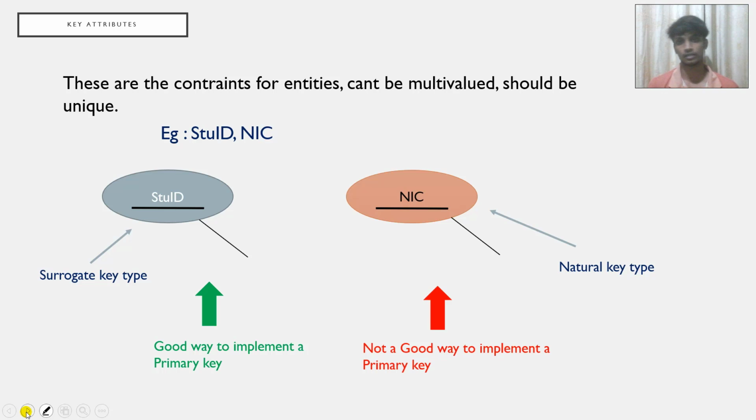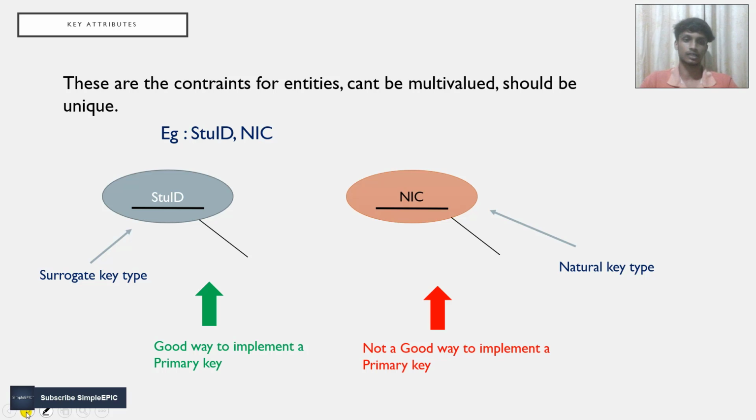If you haven't watched that video, you can watch it, then come to this slide. Basically, a key attribute can't be multi-valued, it should be unique. Student ID and NIC are the most generic examples of key attributes.